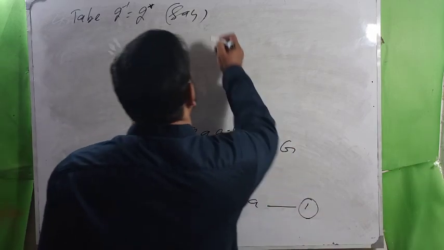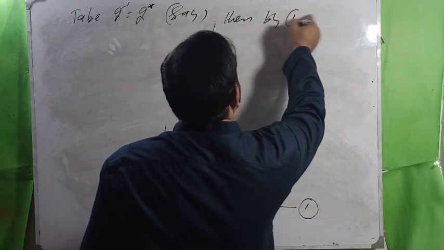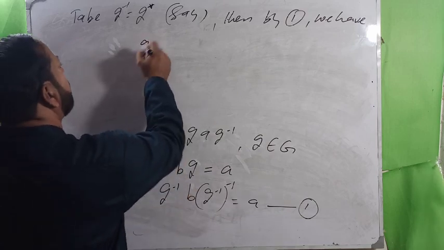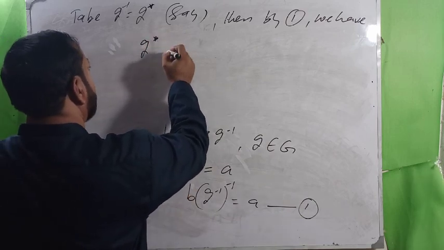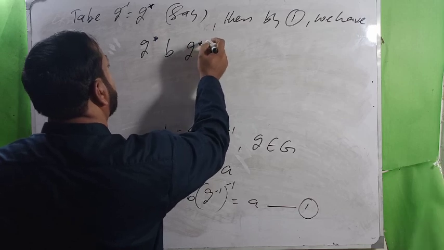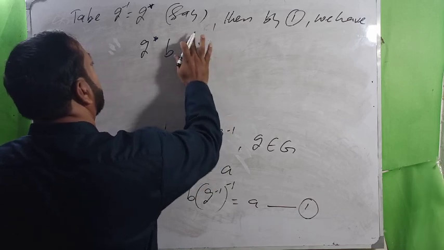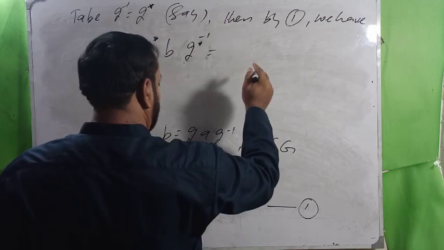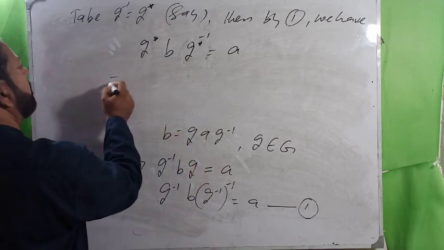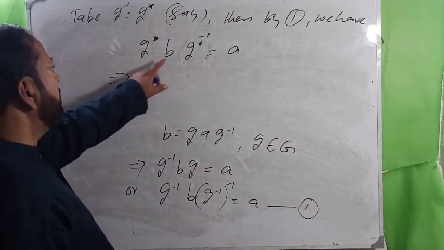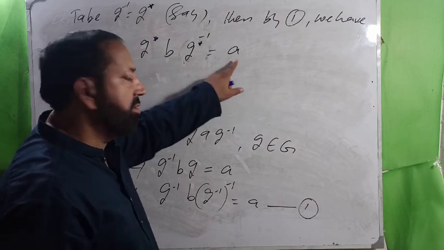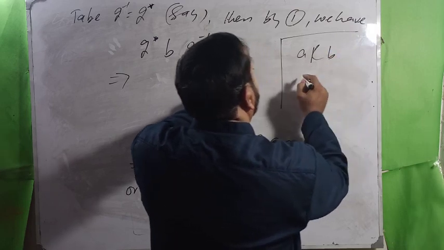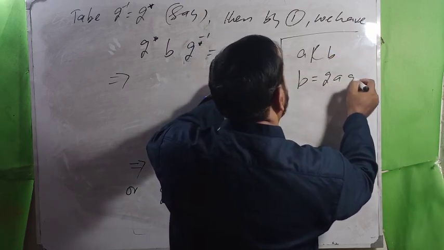Then by 1 we have G star B G star inverse is equal to A. So this implies that B is related to A. Whenever I write A is related to B, I like to write B is equal to G A G inverse.